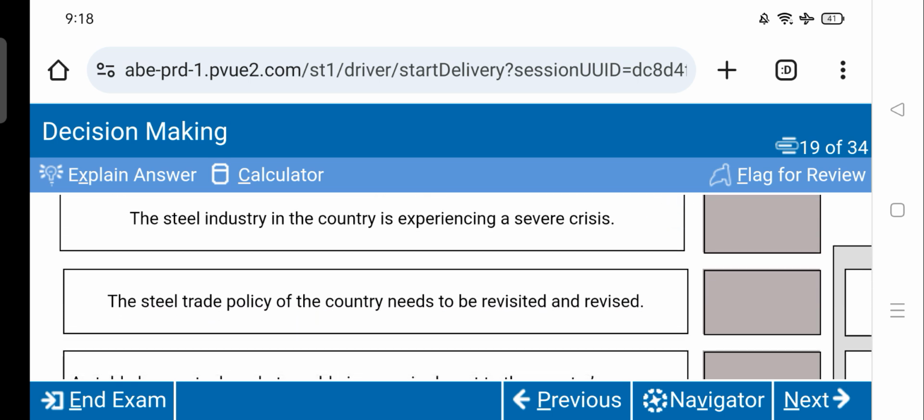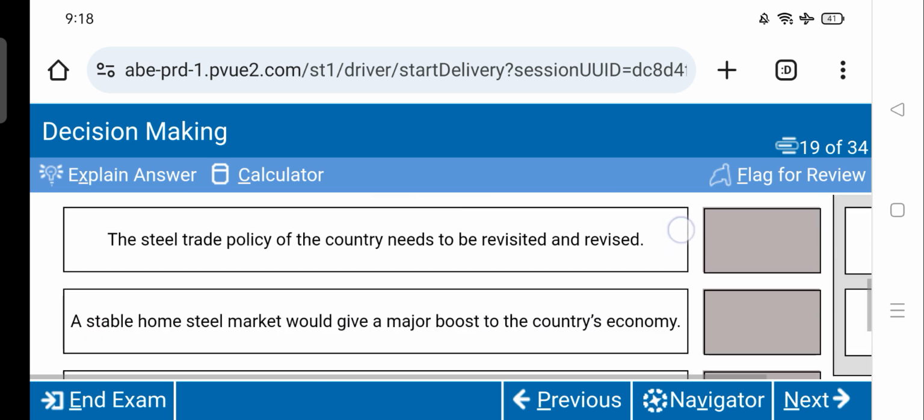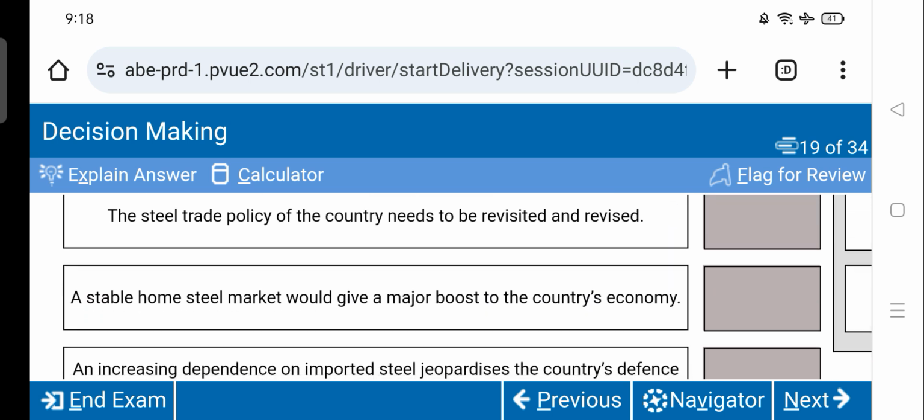Second, the steel trade policy of the country needs to be revisited and revised. Third one says a stable home steel market would give a major boost to the country's economy.